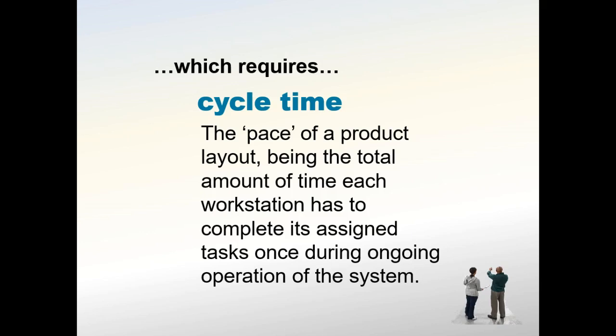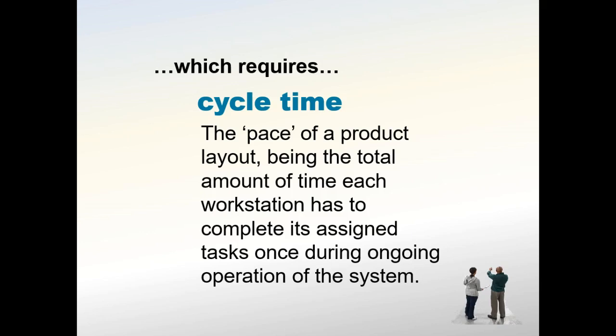Since each workstation passes product along the path to the next workstation, each should be assigned the same amount of time to complete its work assignment. This allows a smooth, balanced flow of work among the workstations, and this equal budget of time given to each workstation to repeat its assigned work is known as the cycle time of the operation.